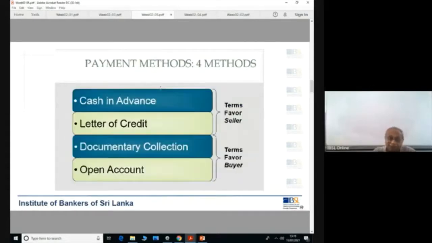So cash in advance and letter of credit, those two terms favor the seller. Then documentary collection and open account, those two terms favor the buyer. Any questions on this?